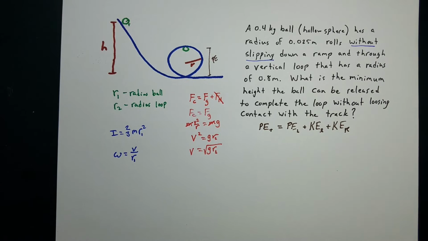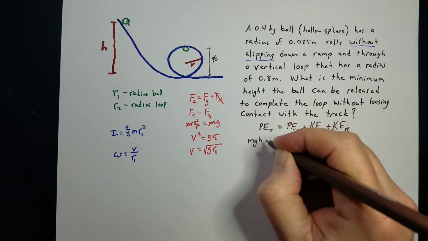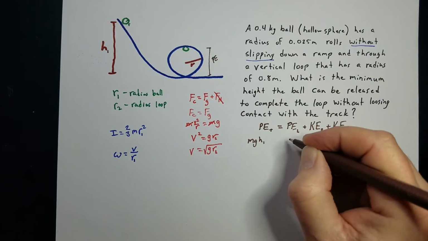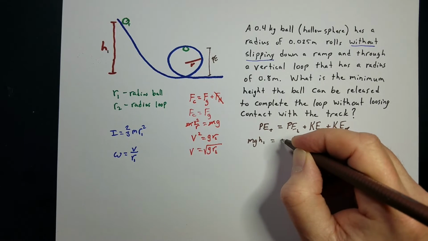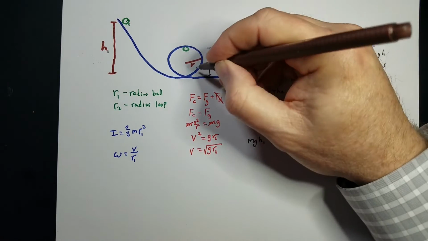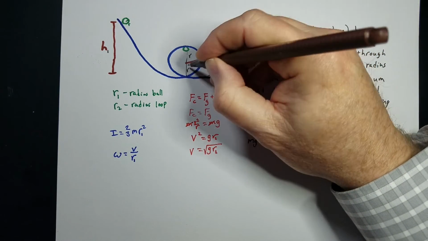All right, so let's map out what we've got. We have mass times gravity times the height at the top, let's call that h1, equals mg times the height at the top of the loop. That height is a radius and a radius, so it's equal to twice the radius.